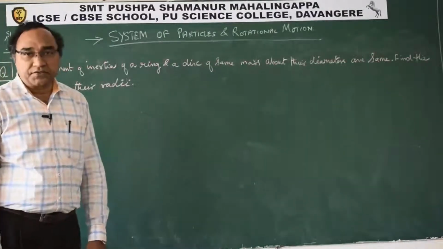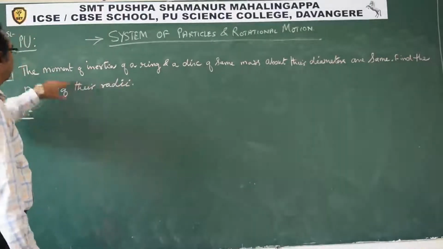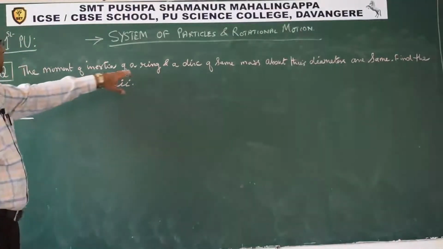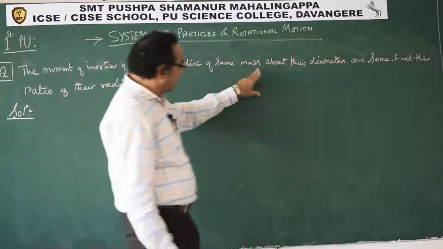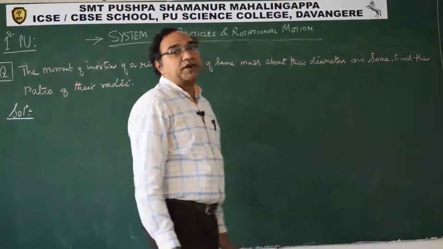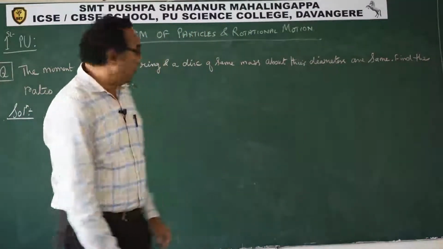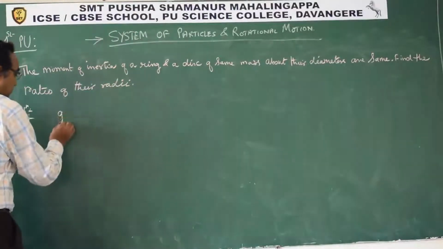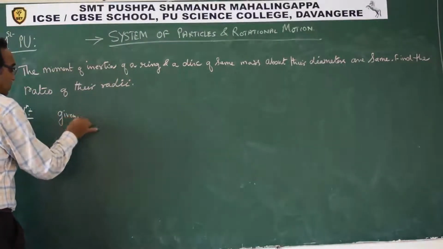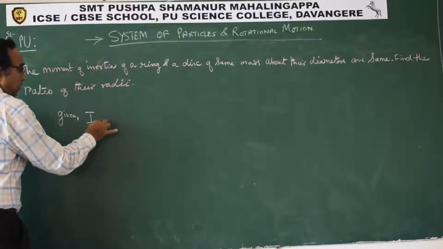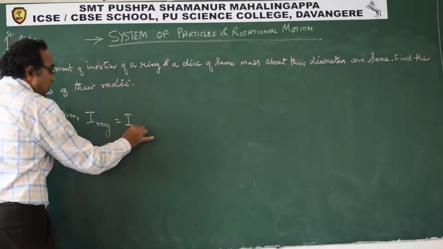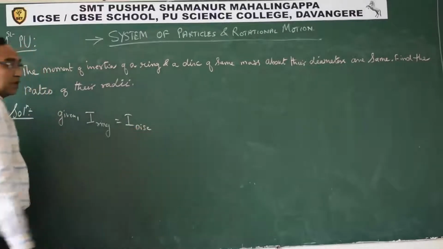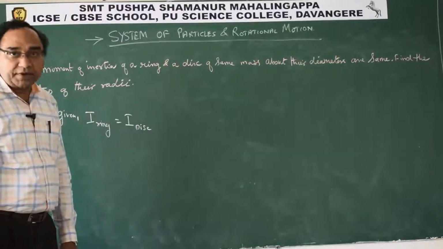Well students, let us take one more numerical. The question is like this: the moment of inertia of a ring and a disc of same mass about their diameters are same. So what is given? Given moment of inertia of a ring is equal to moment of inertia of a disc about the diameter.